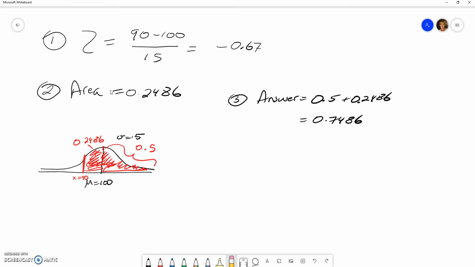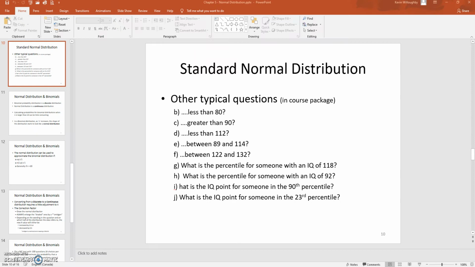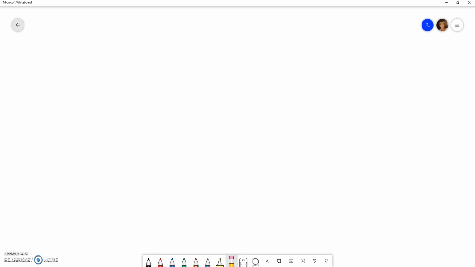Let's erase this, and part D asks us to determine the probability that it's less than 112. So basically less than 112.